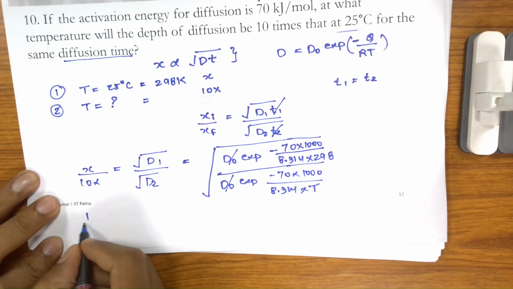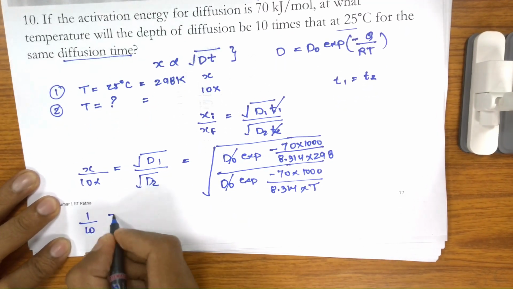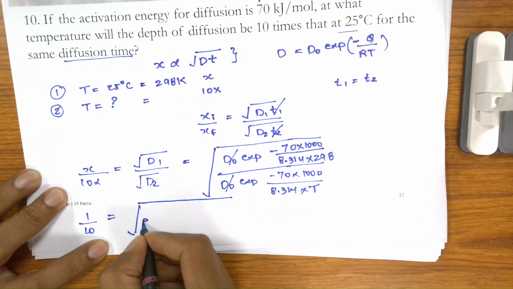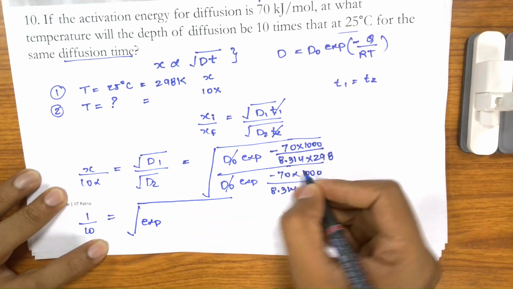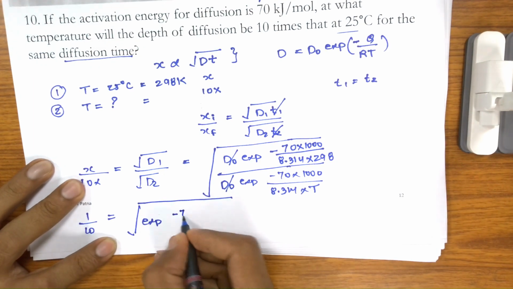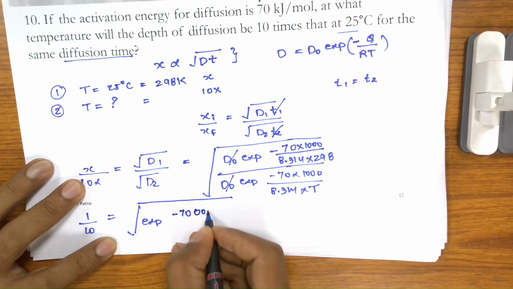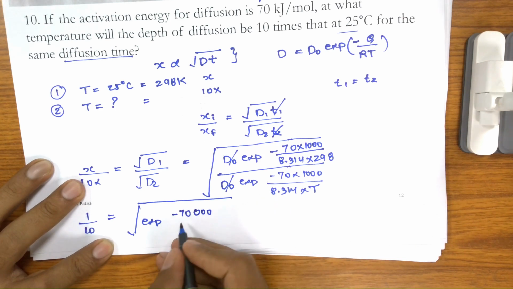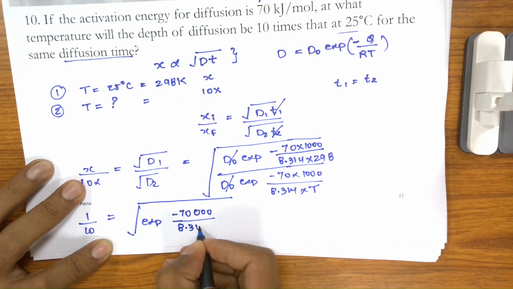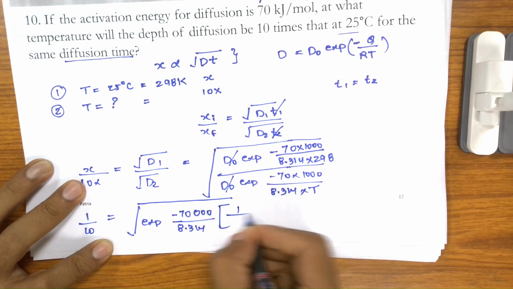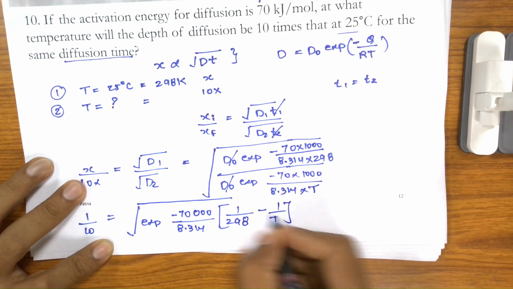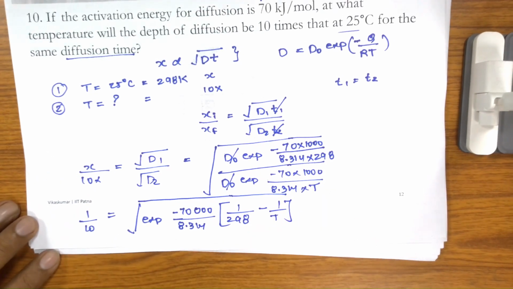What we get from here is 1 upon 10, which is equal to the root over exponential of, we can subtract these two values because they are in the same exponential type, so minus of 70,000 divided by 8.314 multiplied by 1 upon 298 minus 1 upon T2.